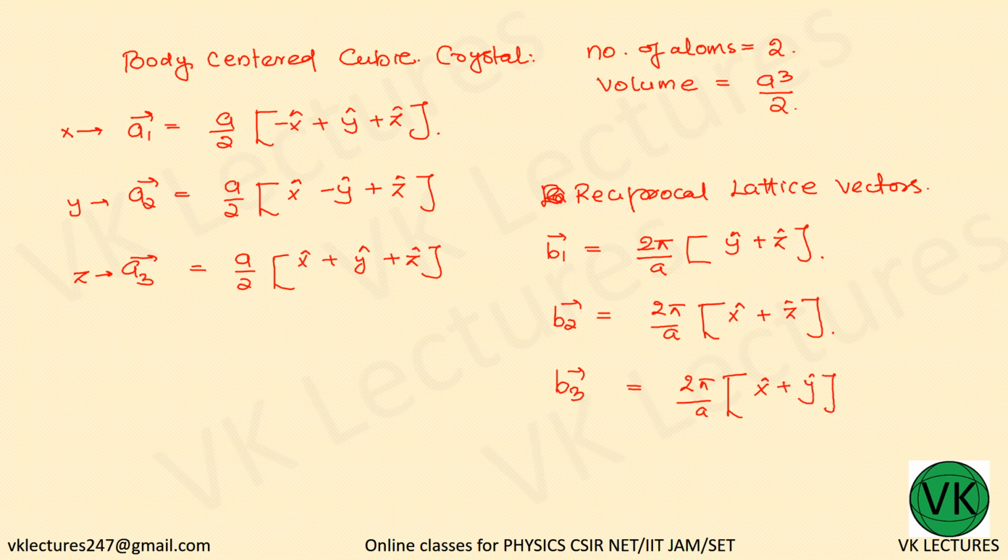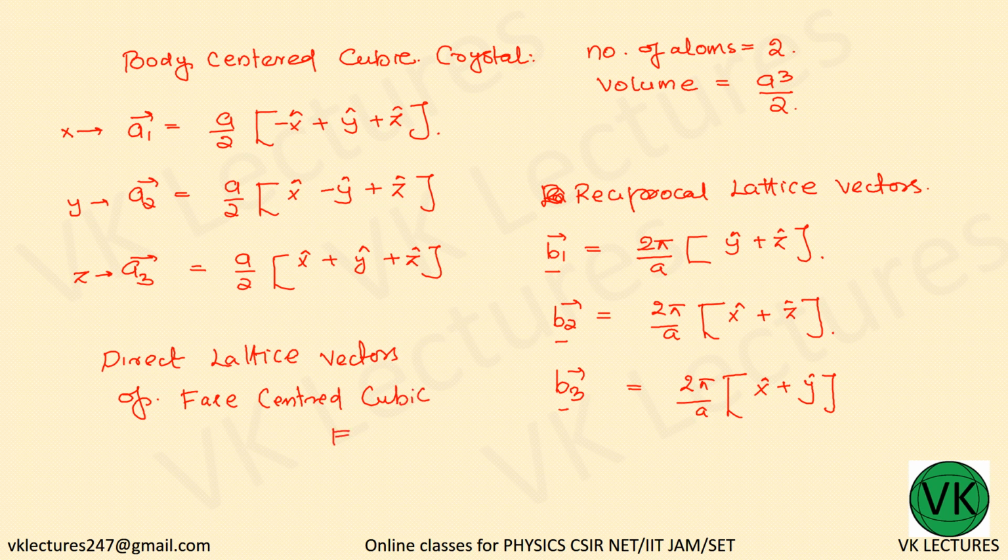So these reciprocal lattice vectors b1, b2 and b3 are similar to the direct lattice vectors of face centered cubic, that is FCC.